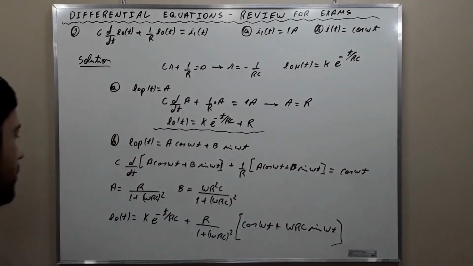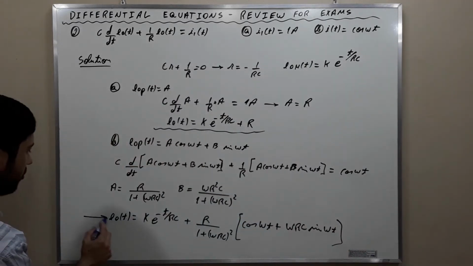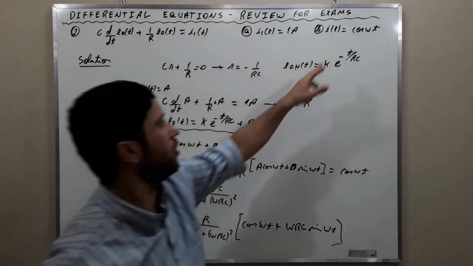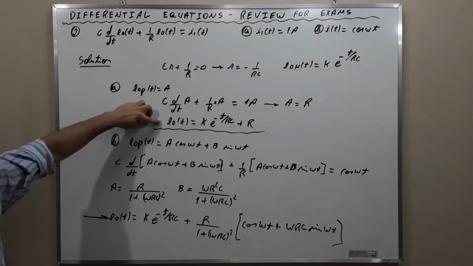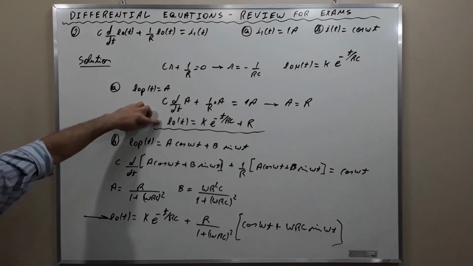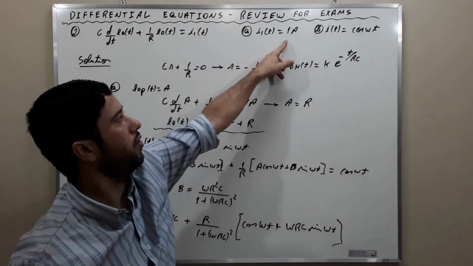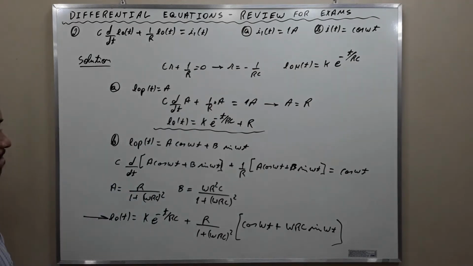Okay, this is the general solution for the case in which I of t is cosine t, and this is the general solution in the case the forcing term is of a constant value such as that.